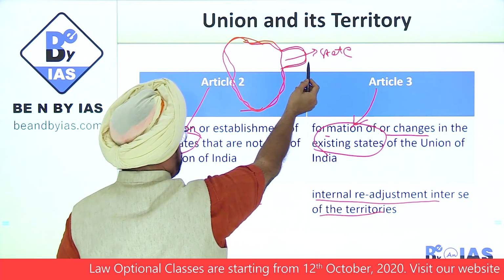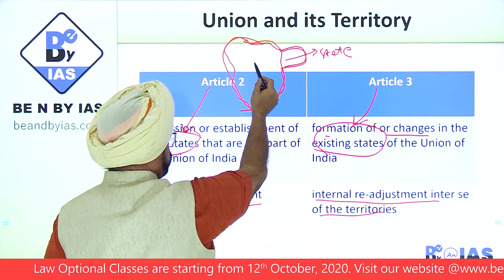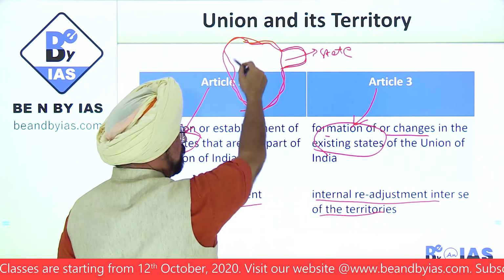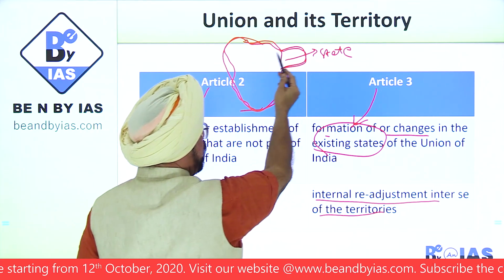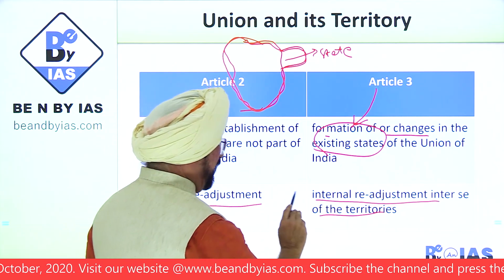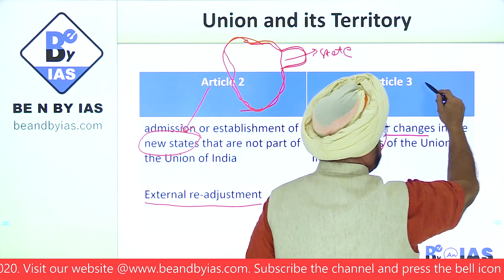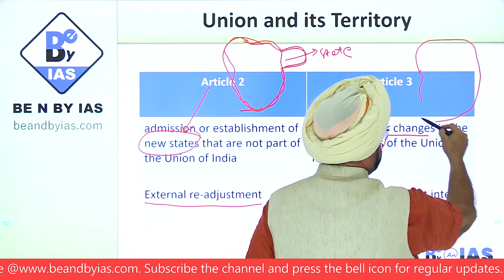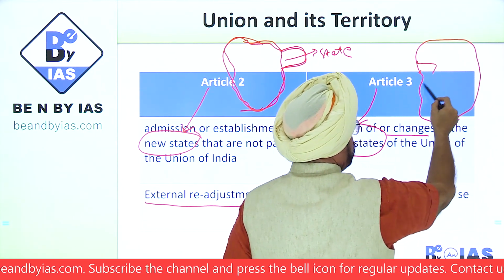So there is an external readjustment of the boundary because that state has now become a part of the union. Whereas in this case, in the case of Article 3, suppose this is our country, there are different units.